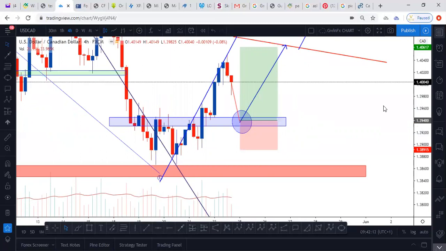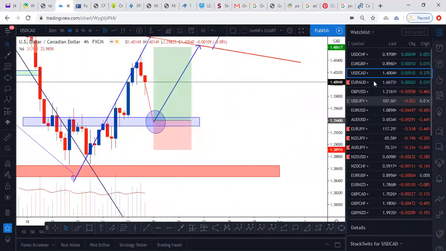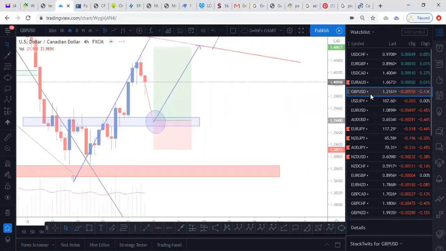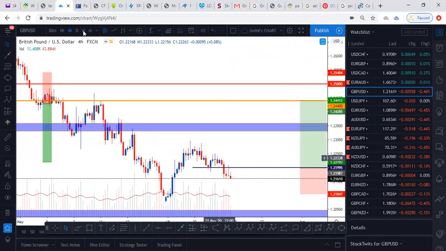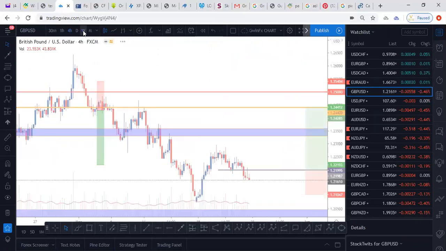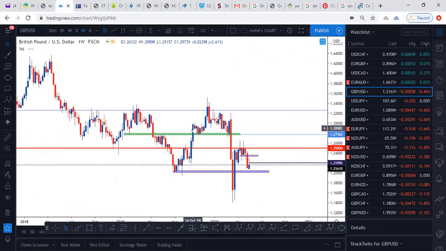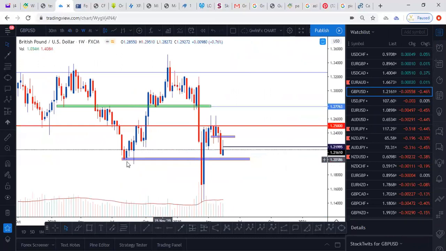Okay, so we're going to look at another pair, which is the Pound USD. Okay, from the weekly time frame, we had it that price broke above this level of structure, and price made this double top here.